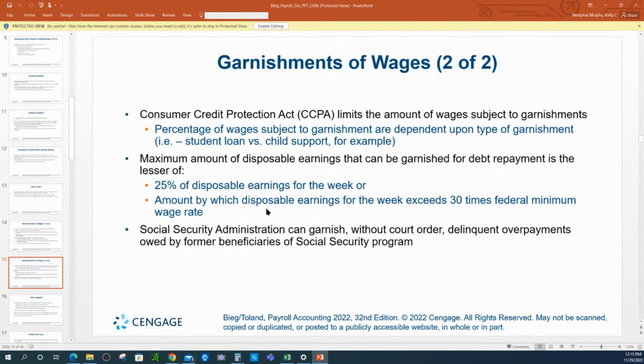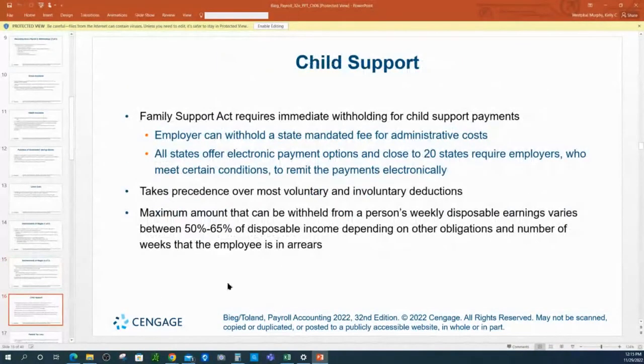So whichever is less of those two. Okay, so those are some of the limitations.